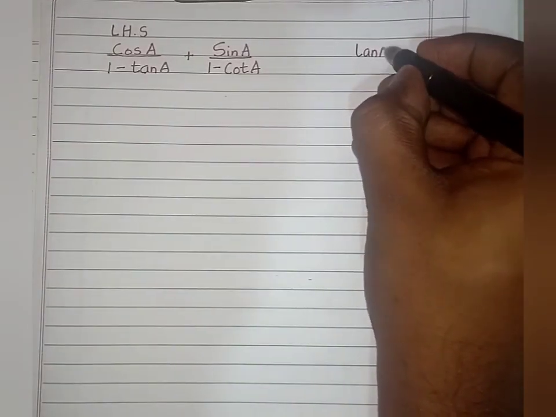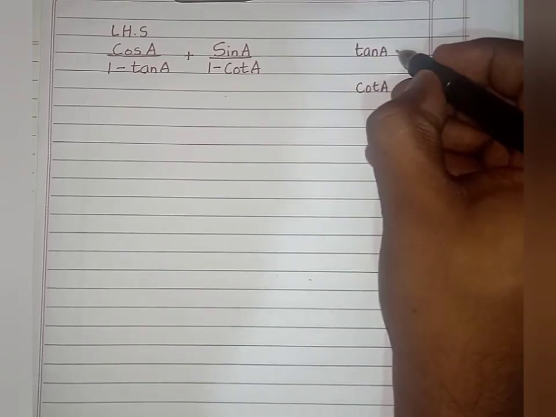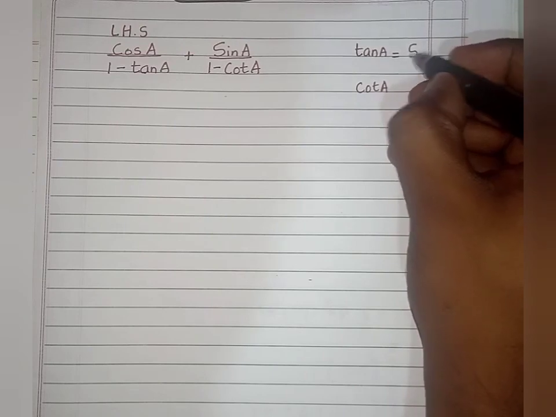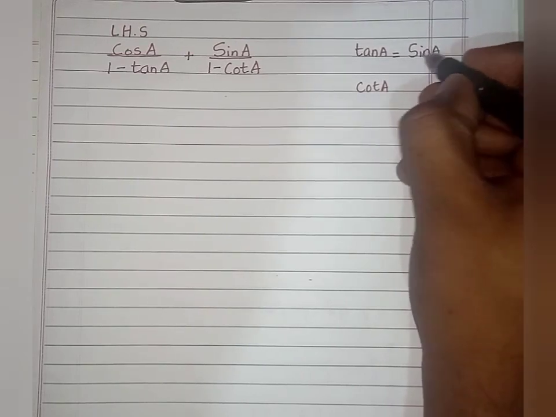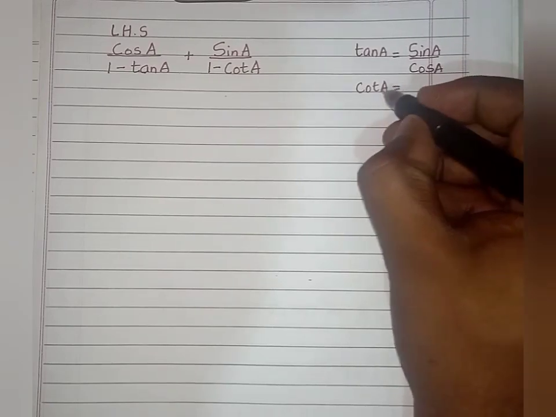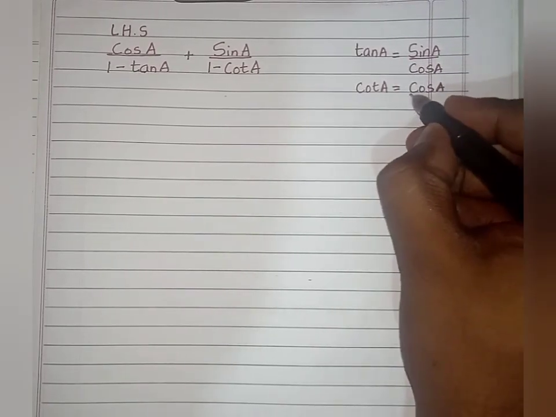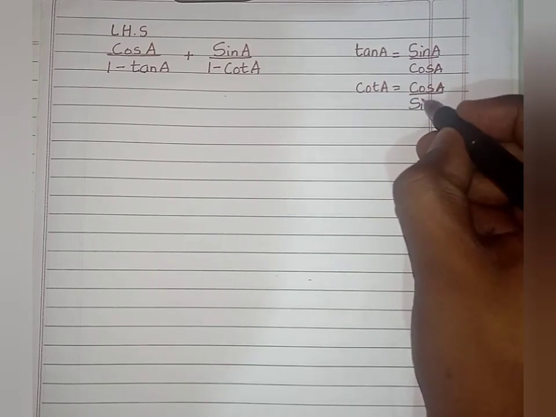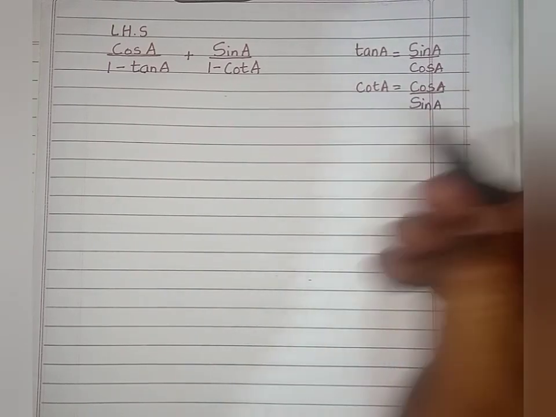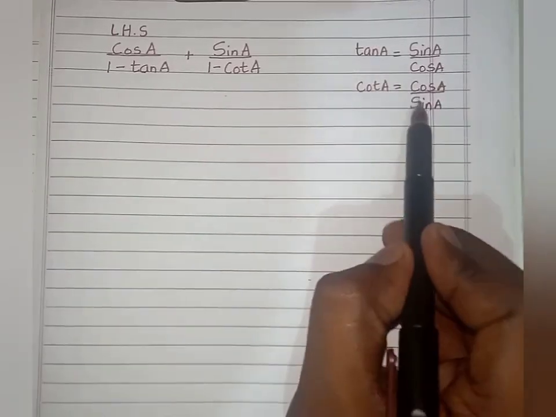So tan A and cot A. Now tan A can be written as sin A by cos A. The same way cot A can be written as cos A by sin A. Tan A is sin A by cos A. Cot A is cos A divided by sin A. Now substitute the values of tan and cot.